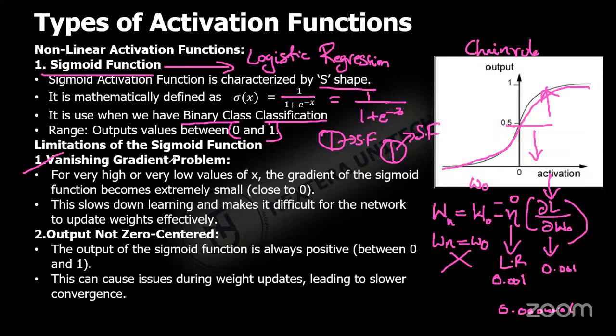And this problem was identified in the sigmoid function, guys. You know why? This is because when you take the derivative of this function, I hope you remember derivatives from calculus. I'm not going to teach calculus, but the range of the derivative of the sigmoid function is only between 0 and 0.25.